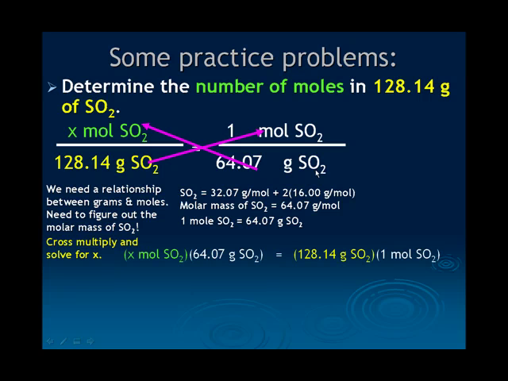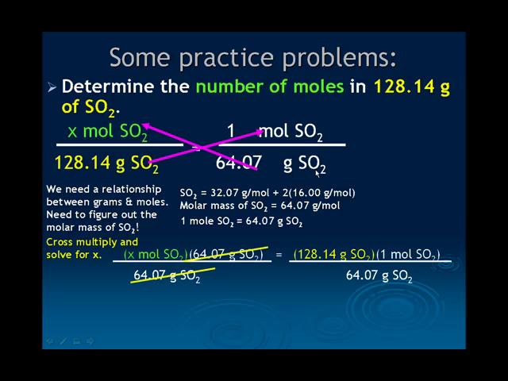So if you cross multiply, this is the problem, you should get X moles times 64.07 equals 128.14 times 1. We want to isolate X, get it by itself, so that means we need to divide both sides by 64.07. What you do to one side, you have to do to the other.